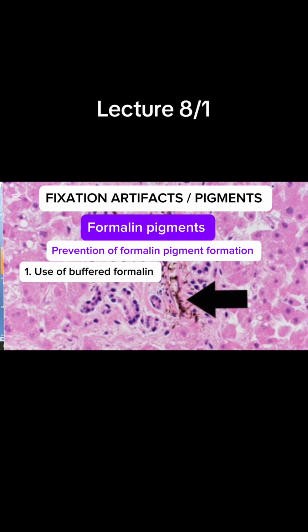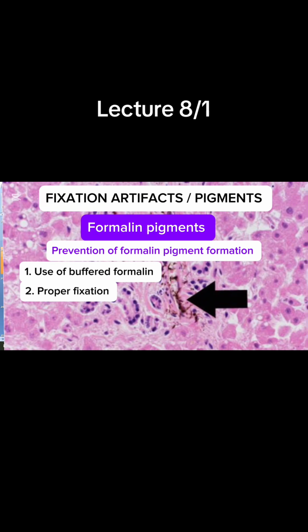Point number two, how to prevent formation of formalin pigments is proper fixation techniques. Avoid prolonged fixation and ensure the formalin solution is fresh and buffered. Why is it important to avoid prolonged fixation? One, accumulation of acid byproducts. During fixation, formaldehyde oxidizes over time to form formic acid as a byproduct.